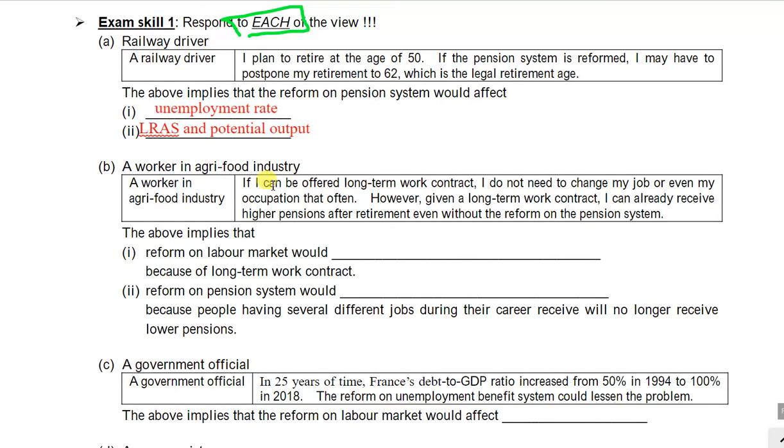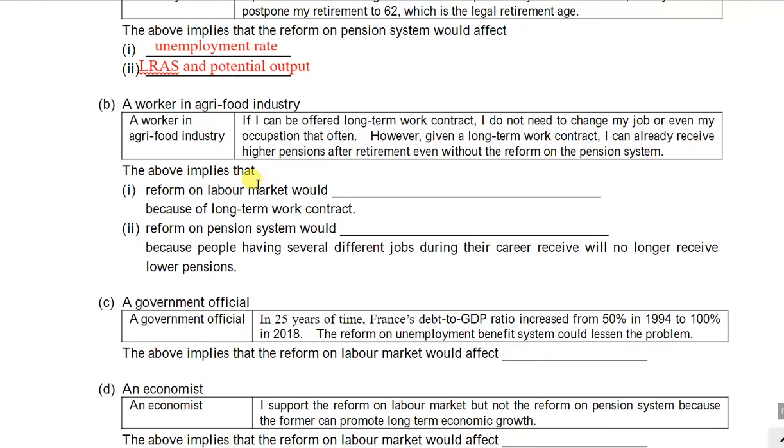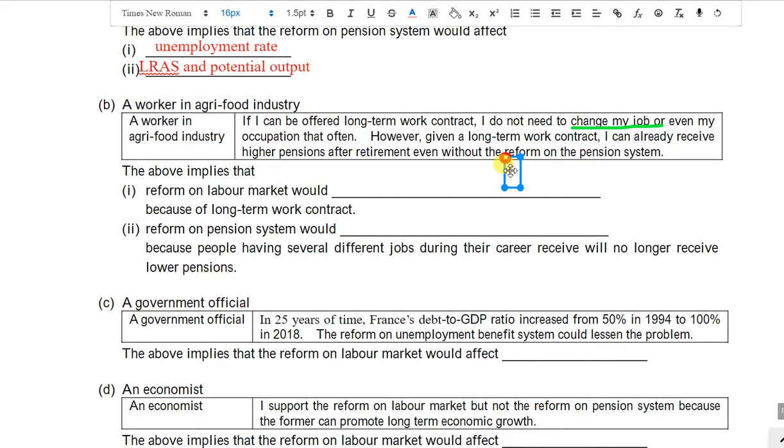Now let me go to the second individual. The second individual is the worker in the food industry. He says that if he can be offered a long-term work contract, he will not change his job that often. So changing the job, which concept is it related to? It must be labor mobility, the occupational mobility, right?